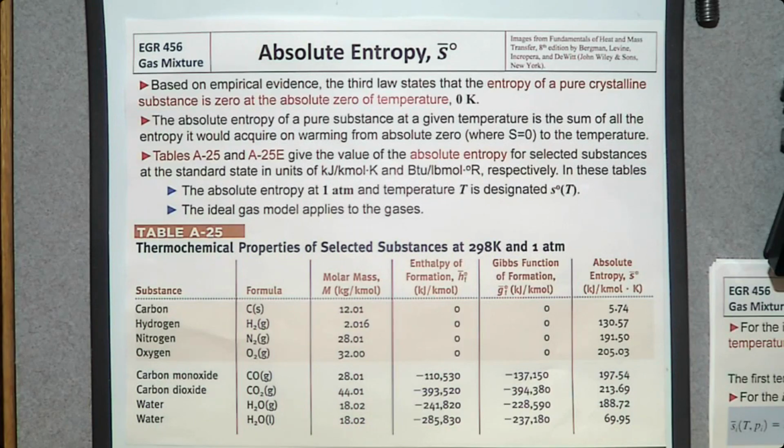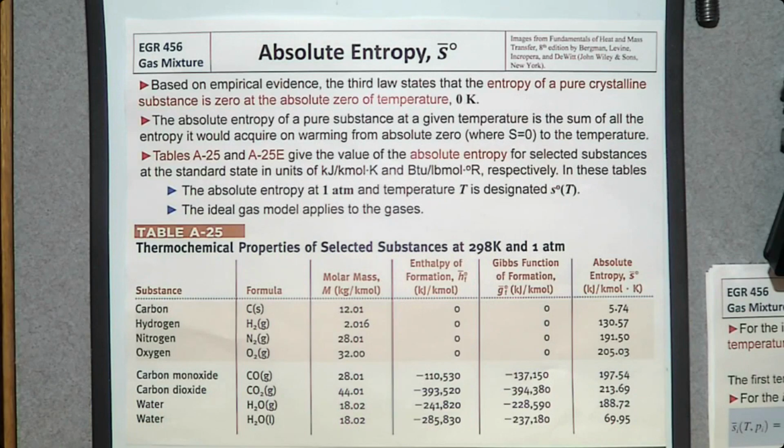during a chemical reaction. Okay, so to do so, we are going to use a new thermodynamic property which is called absolute entropy. This absolute entropy can be found from table A25, but this absolute entropy is only at a standard state.